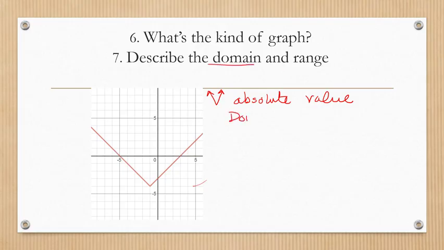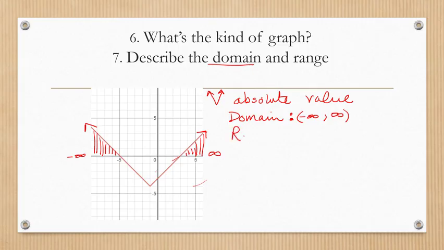The domain is the x values. You're using all these x values. We're going to assume that that's going on forever and this is going on forever. So these x values go to positive infinity. These are going to where? Negative infinity. So our domain is negative infinity. Remember, it always gets a parenthesis, to positive infinity.